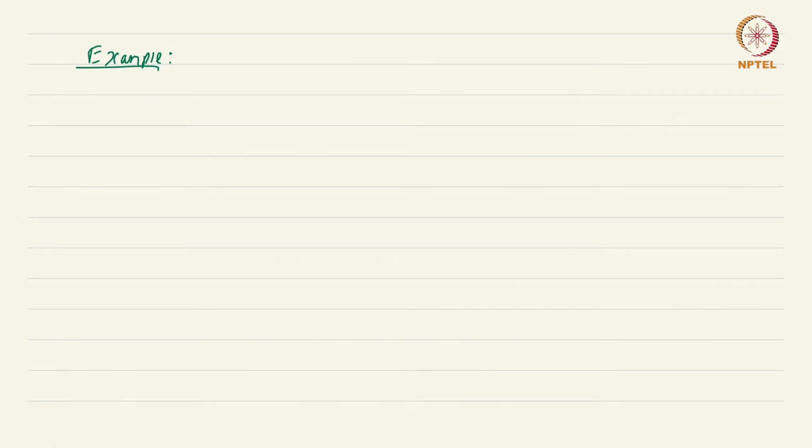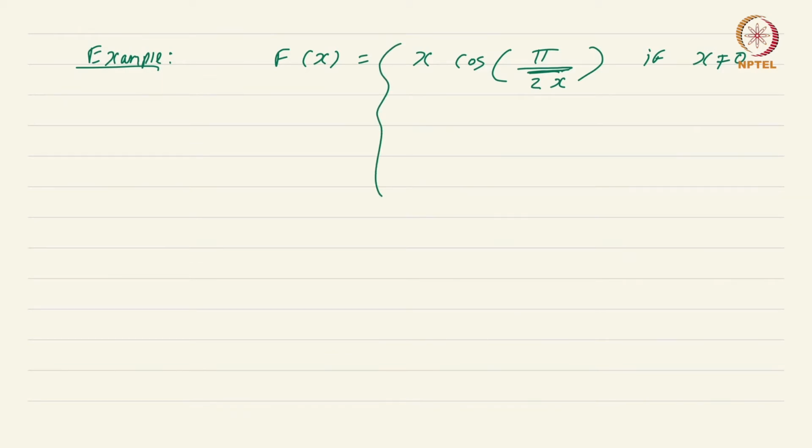Look at the function f of x equal to x cos of pi by 2x if x is not 0, and 0 if x is equal to 0. First exercise for you: check that f is continuous.